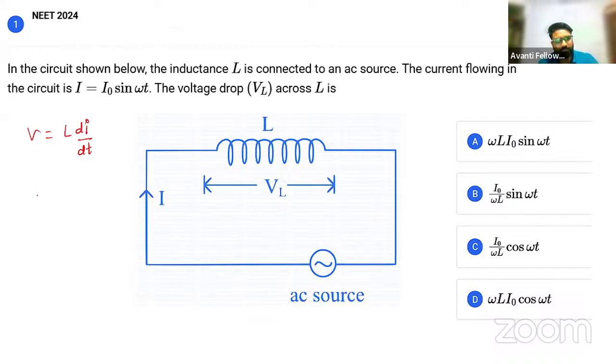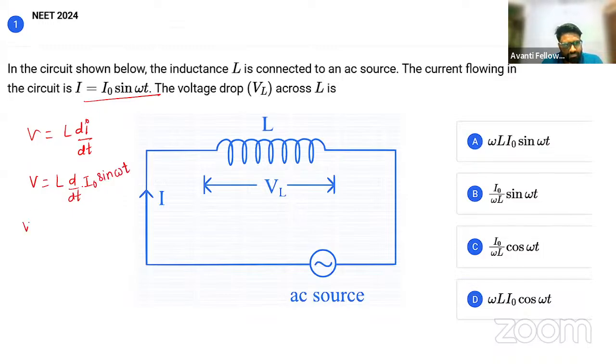Now, V is equal to L into d by dt of I. What is the value of I given to you? I naught sine omega t.